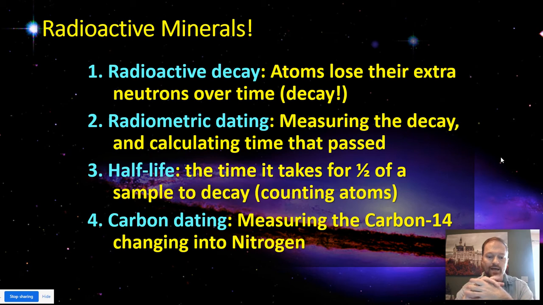Okay. And then carbon-14, I'm sure you've heard of carbon dating. That is just one example of radiometric dating. That's the most common one people talk about because it's how we measure our own human history.